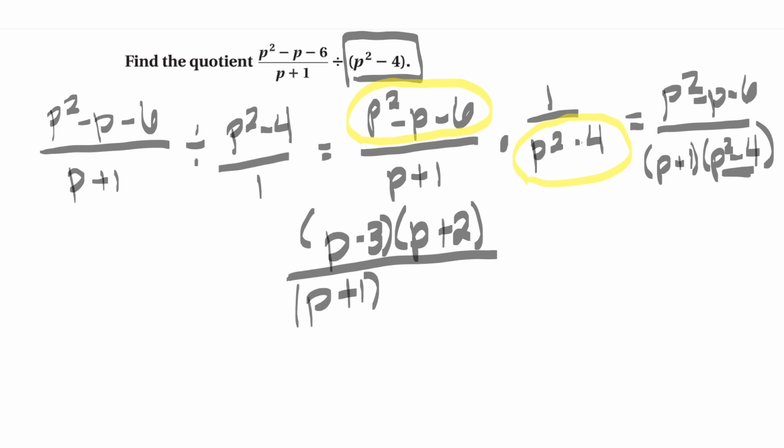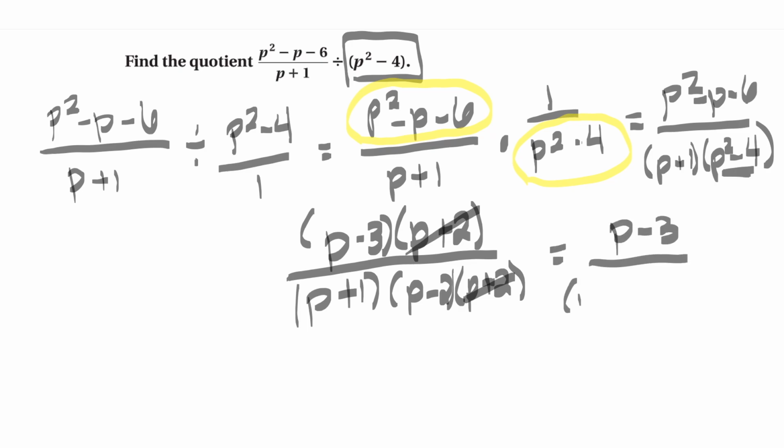And then I have a difference of squares here, so times p minus 2 times p plus 2. Okay, so I see my common factor that I can cancel out. My final answer is p minus 3 over p plus 1 times p minus 2.